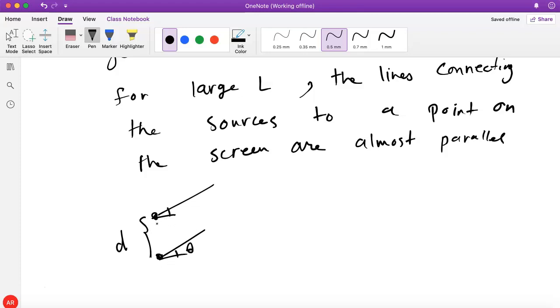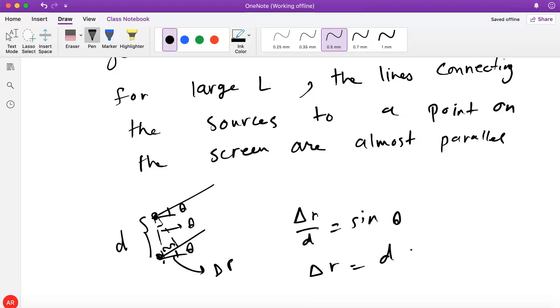Then the wave coming from the bottom source travels a distance more here, delta r. If this angle is theta, delta r over d is sine theta. So delta r is d sine theta.